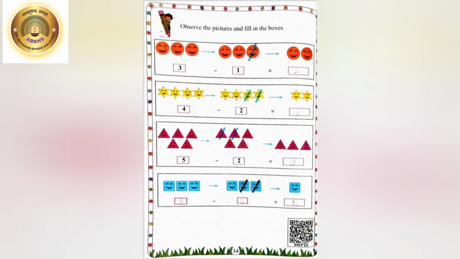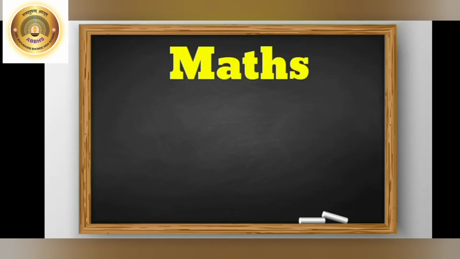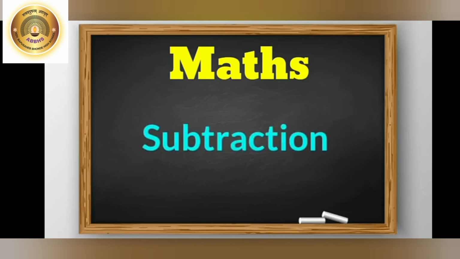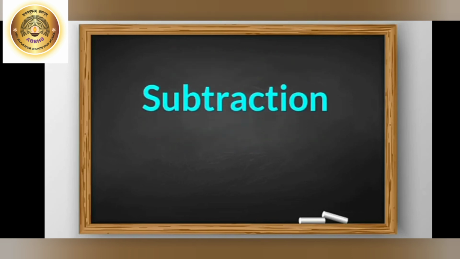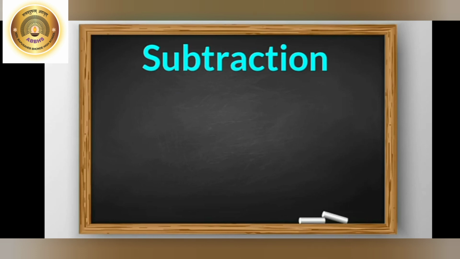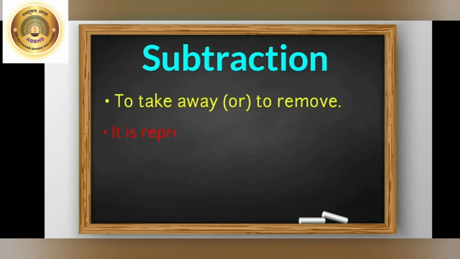Now you will practice page number 32, 33 and 34 at your home. I hope you all must have understood subtraction means minus, right? It means cutting the smaller number from the bigger number.